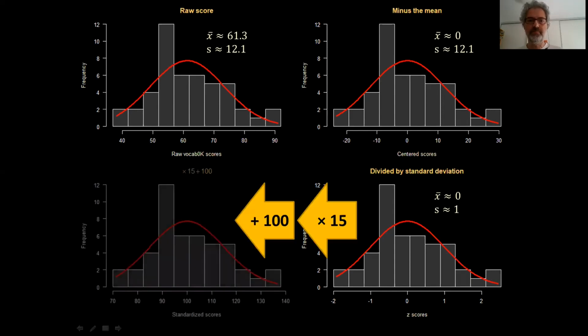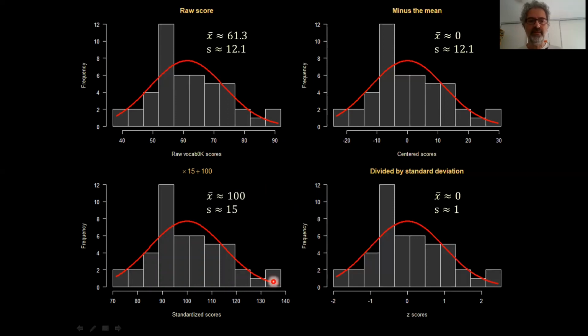So if we multiply by a number such as 15 and then add 100 to every one of them, then we can derive exactly the same distribution again, and of course the same as the original raw scores, but this distribution has a mean of 100 and a standard deviation of 15, the two numbers that we used to derive it.